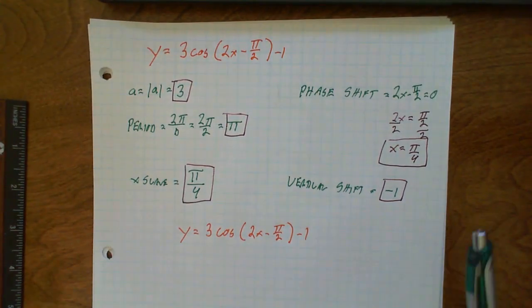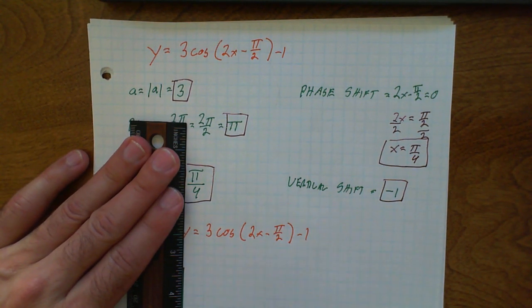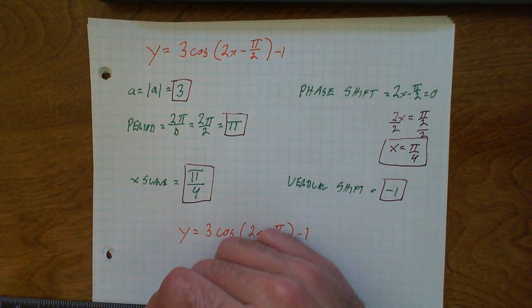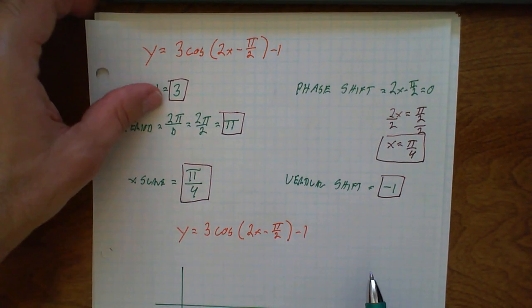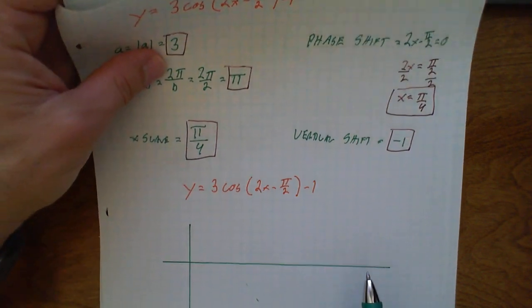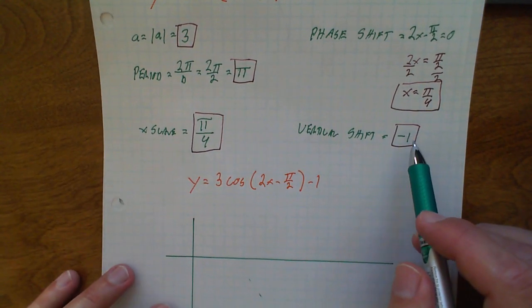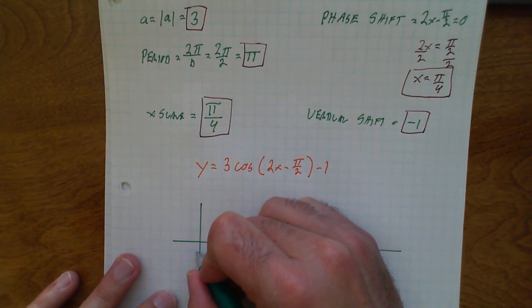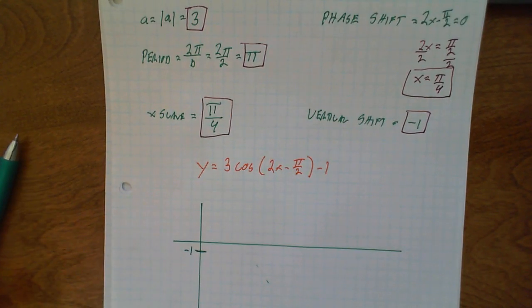Now let's do our graph, because creating the graph is actually based on all this information. We have a vertical shift of -1. That means at -1 is where my midline is going to be.